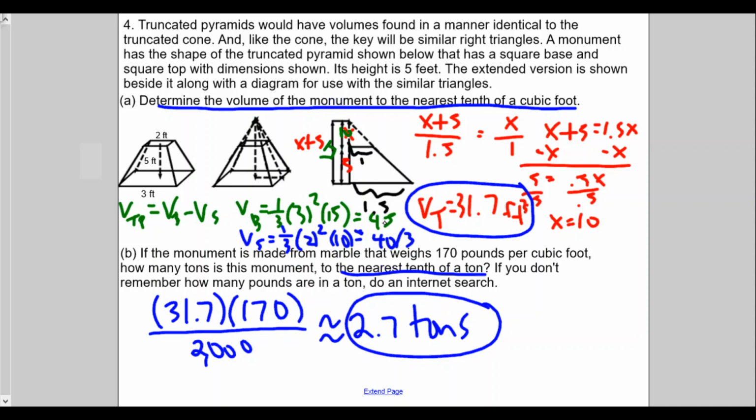And from there, we found the volume to be about 31.7 cubic feet. Then we multiply the volume by the weight of the marble, because that's what the monument is made of, and then divide by the number of pounds, 2,000, to get how many tons. Ladies and gentlemen, this is the end of part 2 of our homework review.